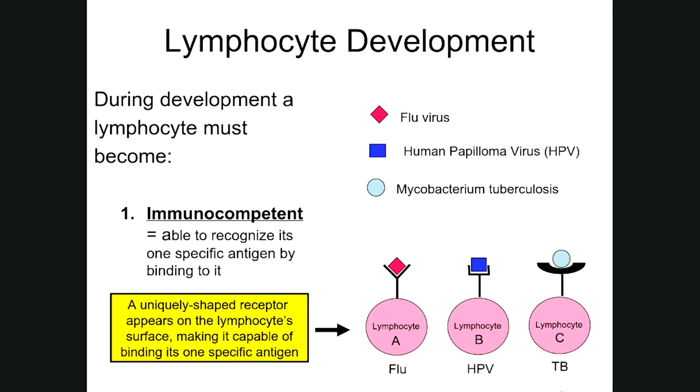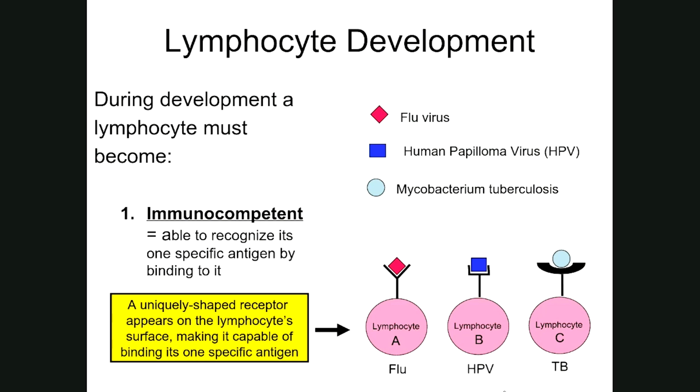The way that this happens is we have hundreds of thousands, even millions of different lymphocytes that are developing in the bone marrow and the thymus. The receptor shape that they sprout is just kind of random, but there's so many different random shapes that we have one for everything that could potentially be out there.